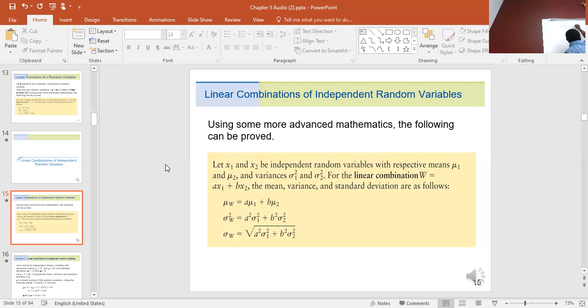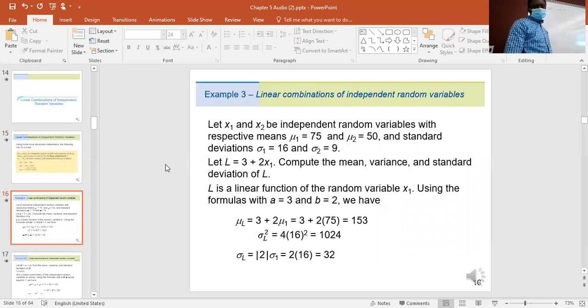So now let W equal to x plus y. Here A equals 1 and B equals 1. We'll find the mean, the variance and standard deviation of W. So the mean of W will be mean of x plus mean of y.